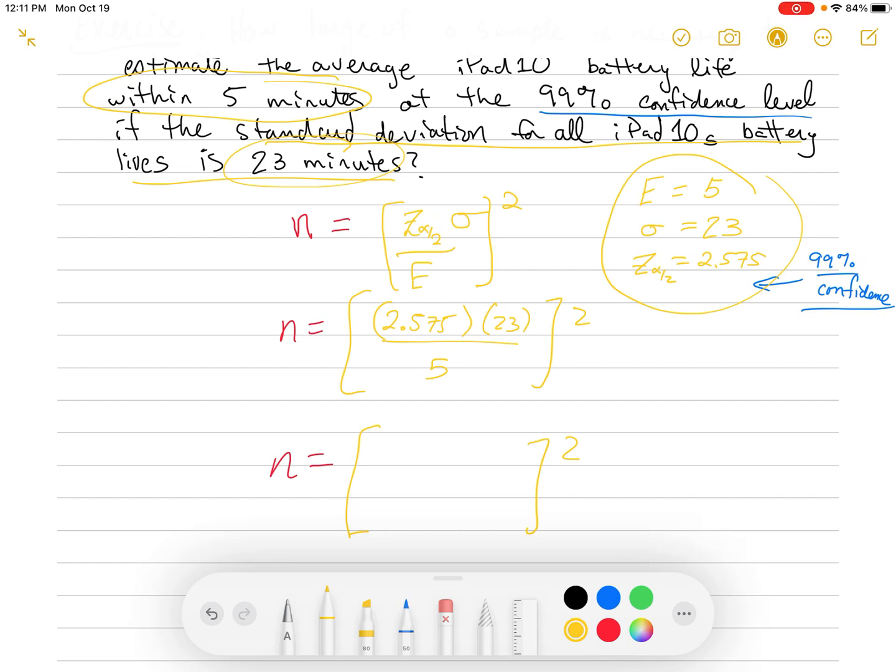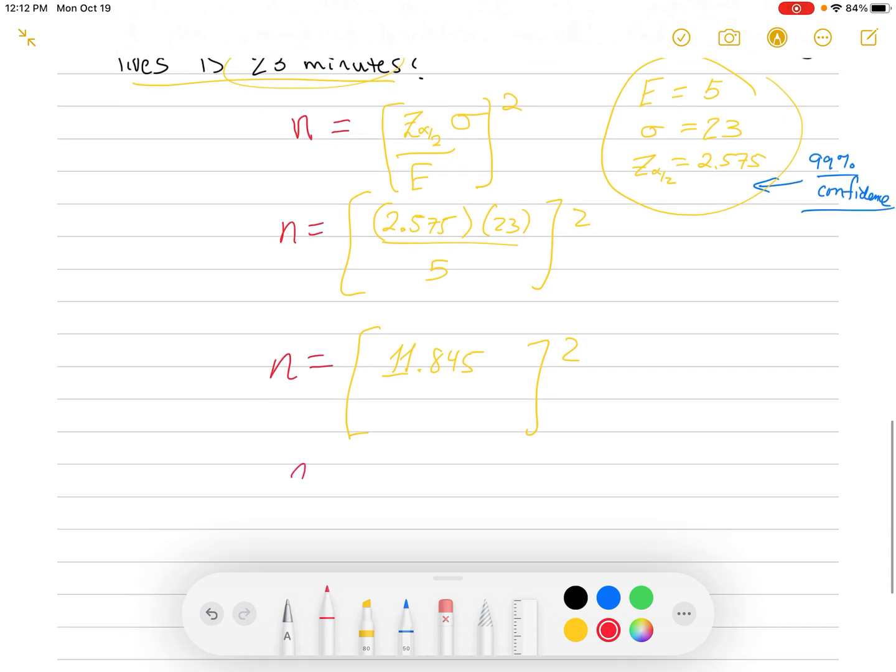No, let me try it again. It didn't work. 2.575 times 23 divided by 5. Okay, I got 11.845. Then we're going to square that, right? It's going to give us about 140.3, roughly.